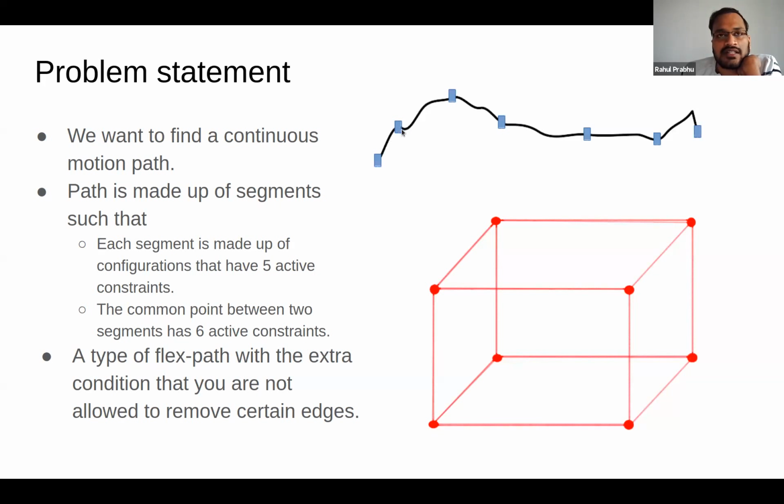Now I drop a different constraint, get a flex, and do this over and over again till I reach my destination. If you look at the entire configuration space as a polytope, it's not going to be as nice as this cube, but essentially you're starting from a vertex, walking along an edge to a different vertex, and then walking along a different edge to another vertex, and you keep doing this till you reach your destination rigid configuration.